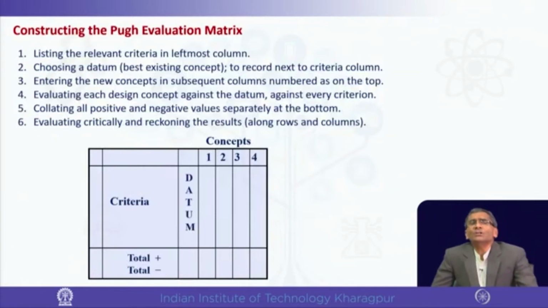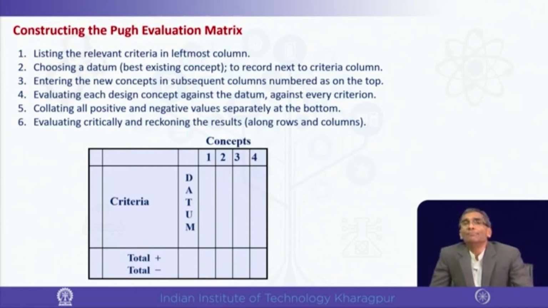This is the construction of the matrix. In short, you can see on the left the criteria listed, then the datum, the reference, then all the concepts 1, 2, 3, 4, 5, 6 or whatever. Here there are only 4 mentioned in this chart. So, suppose 4 new concepts are being presented by the champions.